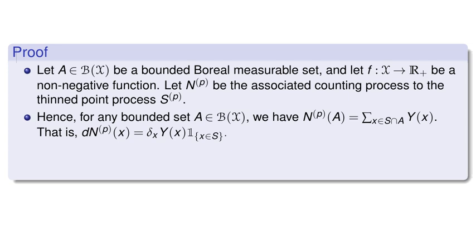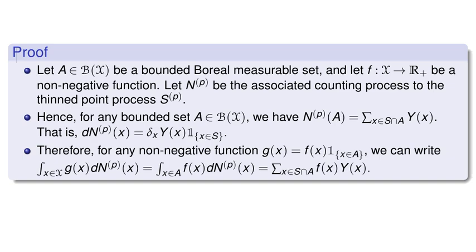Hence, for any bounded set A in ℬ(𝒳), N^p(A) is the sum over x in S ∩ A of y(x). That is, dN^p(x) equals δ_x times y(x) times the indicator that x is in S.